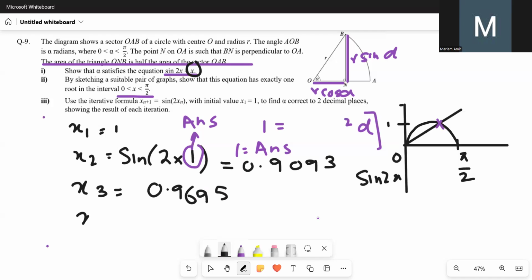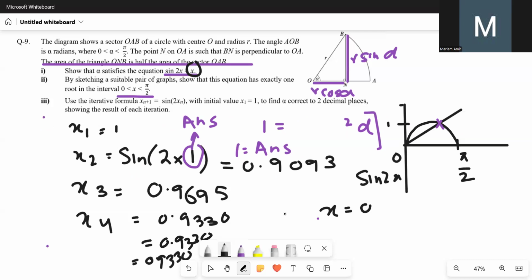Then x4, press equals, 0.9330, press equals again, 0.9330, then again 0.9330. So our answer has stopped changing. That means the root is here. Correct to 2 decimal places, x equals 0.93.